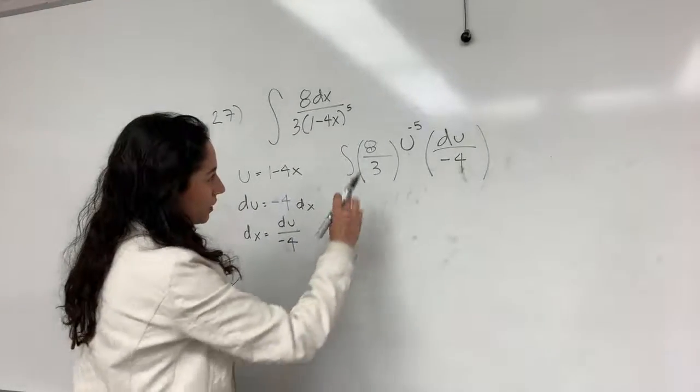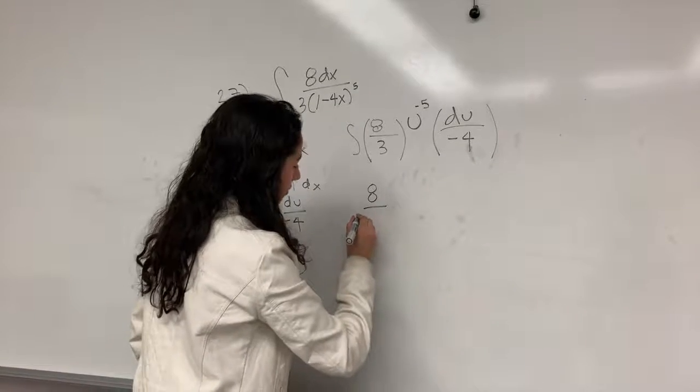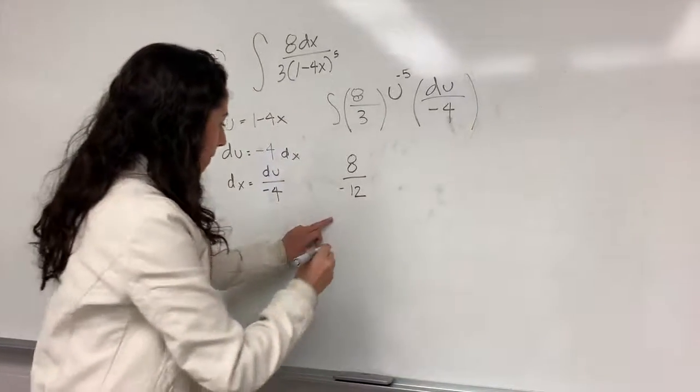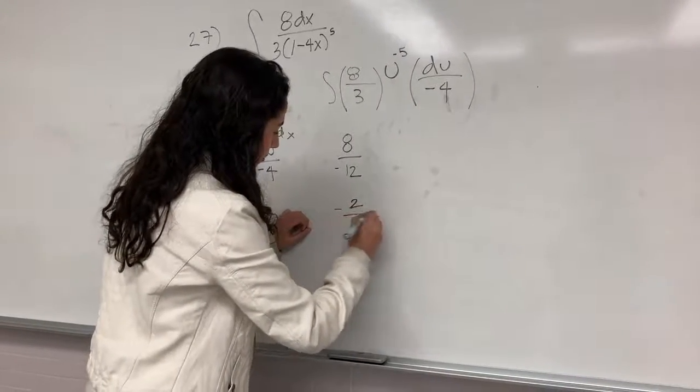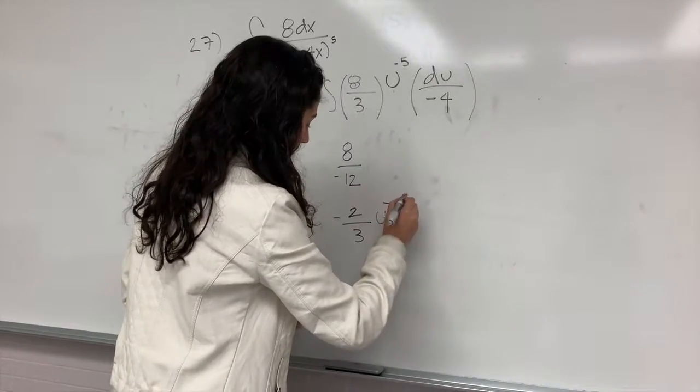Okay, so now you have to combine this, which will be 8 over negative 12, which simplifies to negative 2 over 3, u to the negative 5.